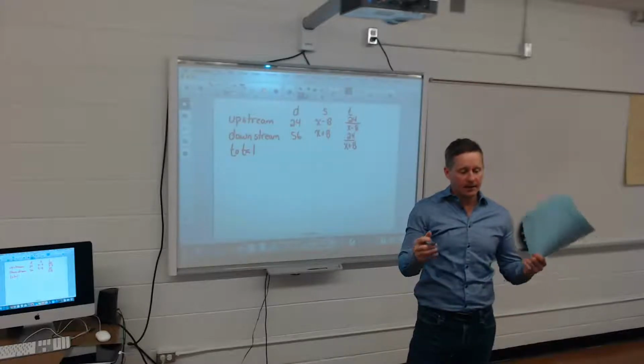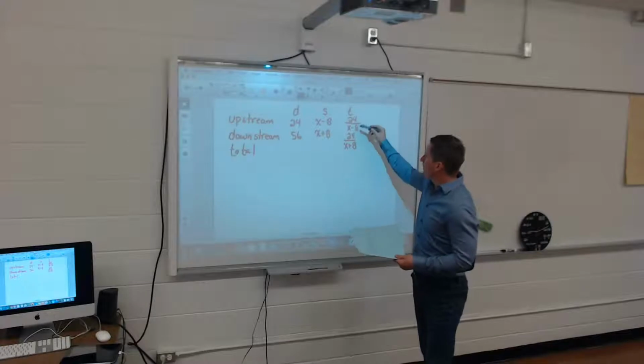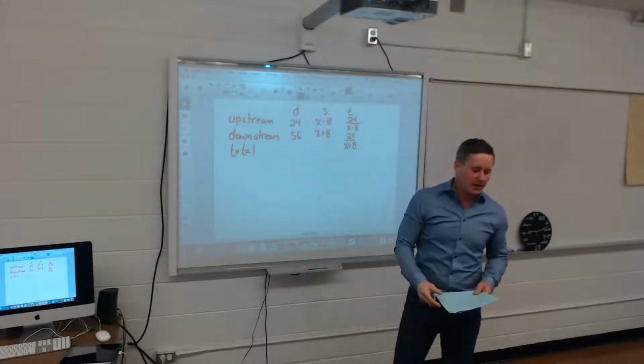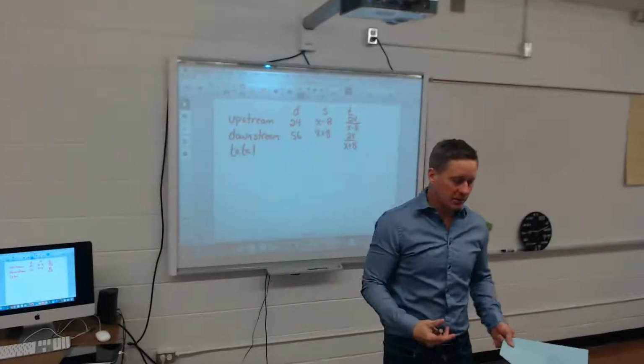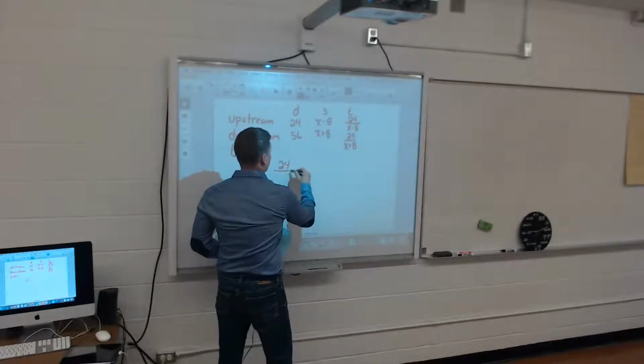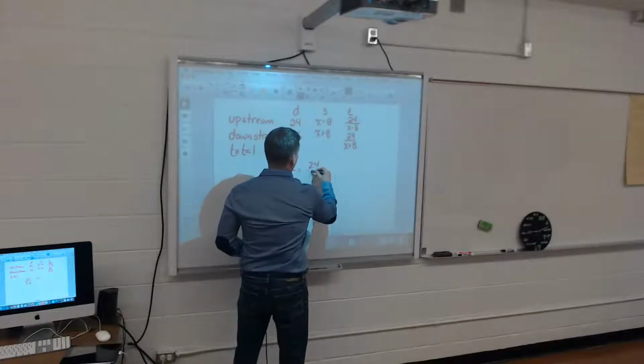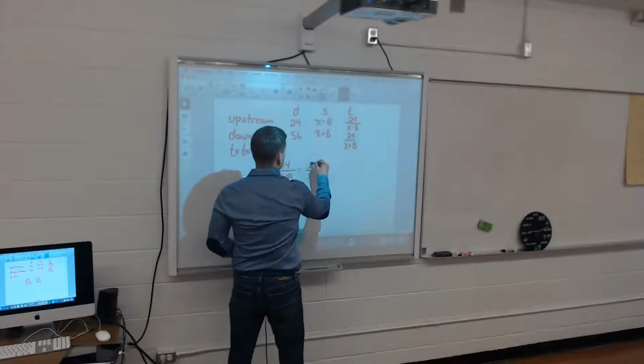So that means that the time has elapsed the same amount for each. So these times should be equal to each other in order to solve this question. So I go 24 over x minus 8 equals 24 over x add 8. Or sorry, 56.